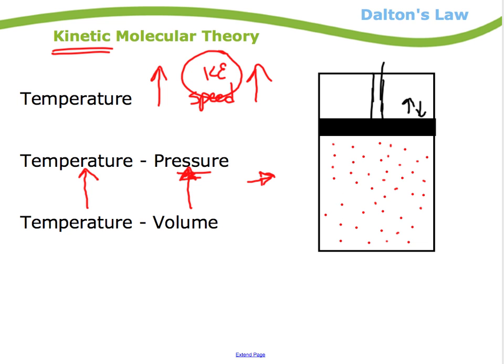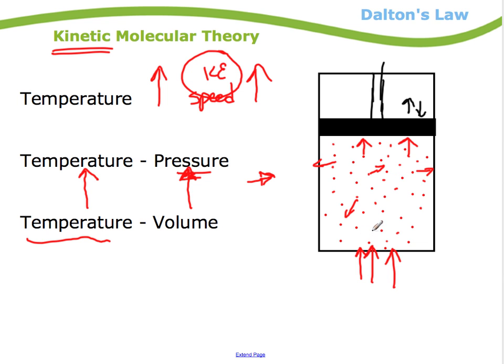If I increase the temperature, so I add some heat to this, as we've just looked at, the kinetic energy of those molecules inside will increase, so they're moving all around, and the pressure on the container will also increase.